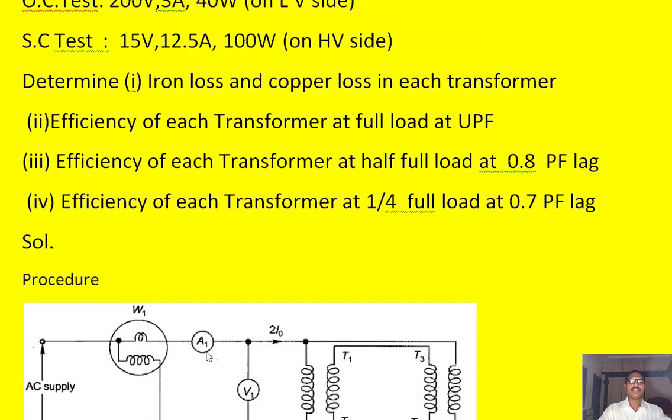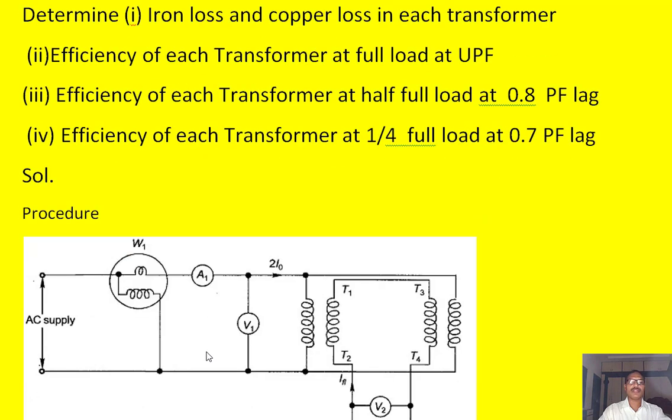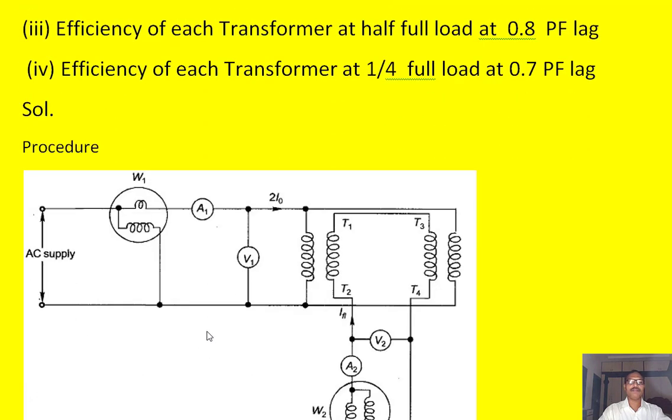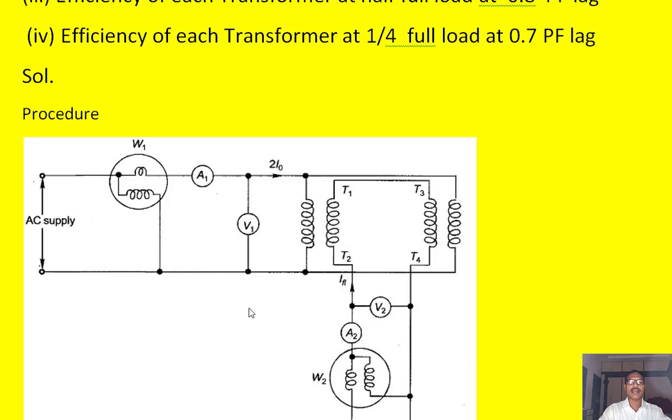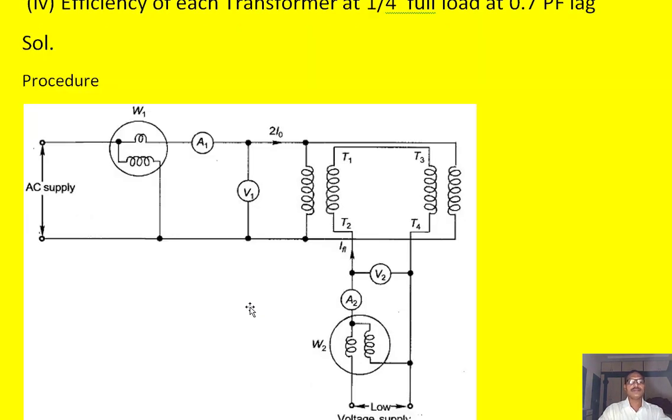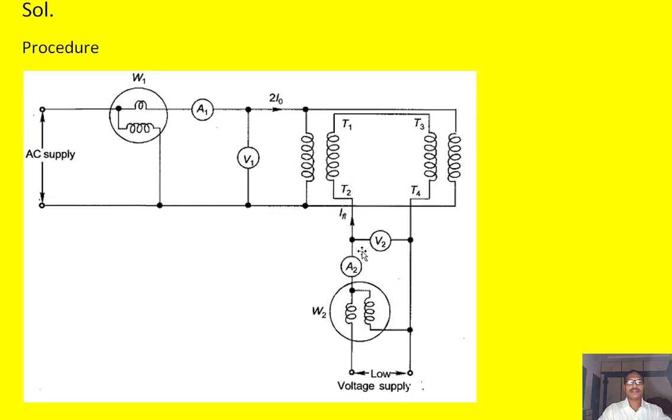The first step in this problem is, first of all we should know what the Sumpner's test is and how it looks, means its diagram. If you know it, it is better to understand. So this is the Sumpner's test diagram. This is one transformer, this is another transformer. This is the transformer 2 primary, this is the transformer 1 primary.